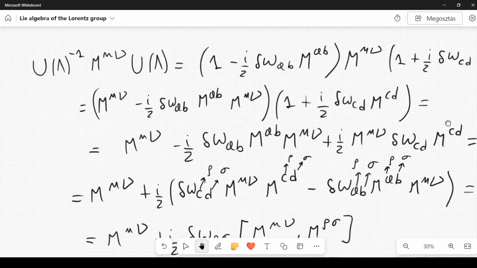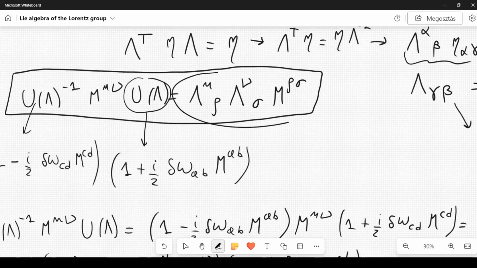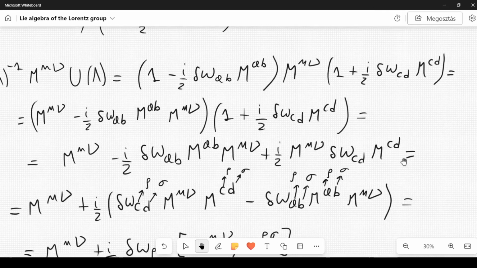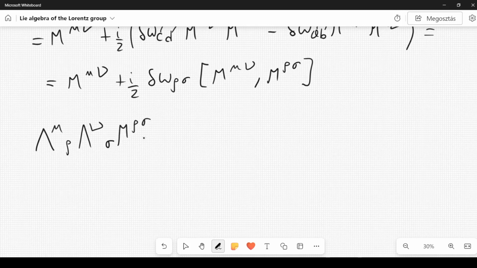Now we want to rewrite also the other term on the right of this expression, so this term here, and we write it like this: lambda mu rho lambda nu sigma M rho sigma, which is equal to, now we can also rewrite it like this: lambda mu A lambda nu B M AB, by relabeling the indices.